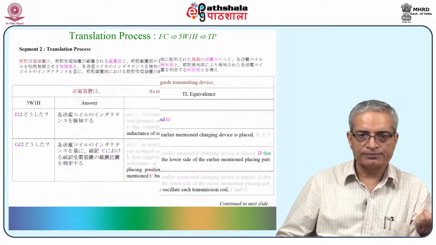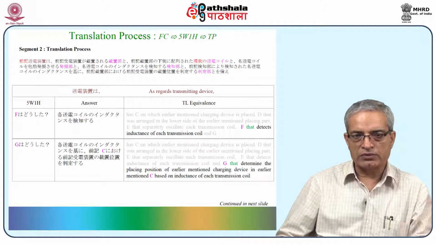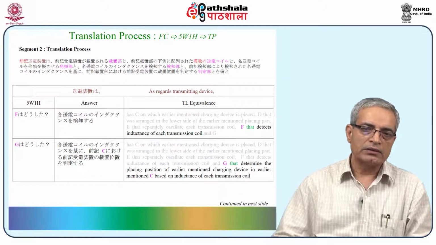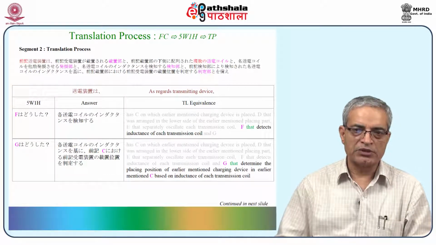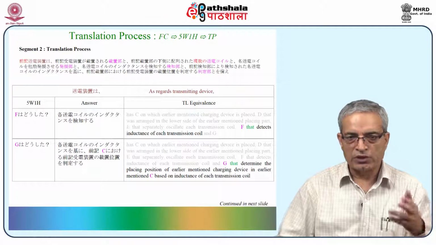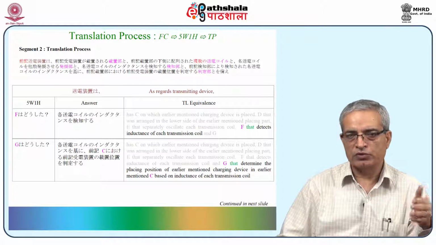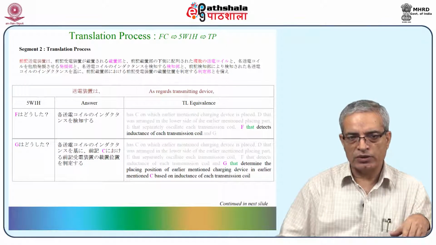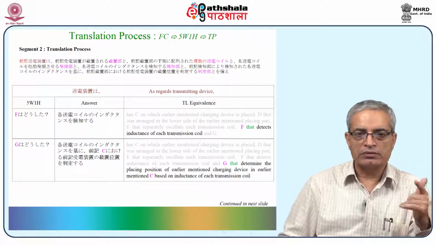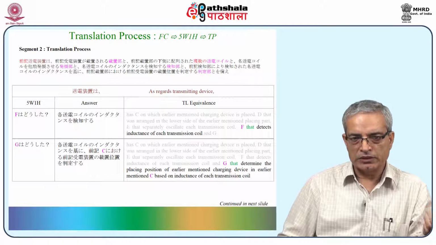Yes, next question. F wa doshita. Inductance o kenchisuru. So kakusoden koiru no inductance o kenchisuru, which is that detects the inductance of each transmission coil. G wa doshita. It's a little long sentence. O moto ni, so kakusoden koiru no inductance o moto ni zenki shi ni okeru zenki juden sochi no saichi ichi o hantei suru.